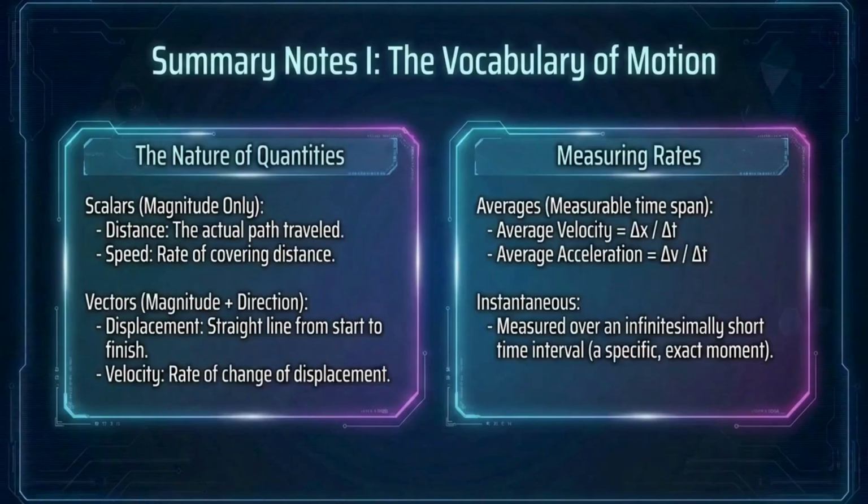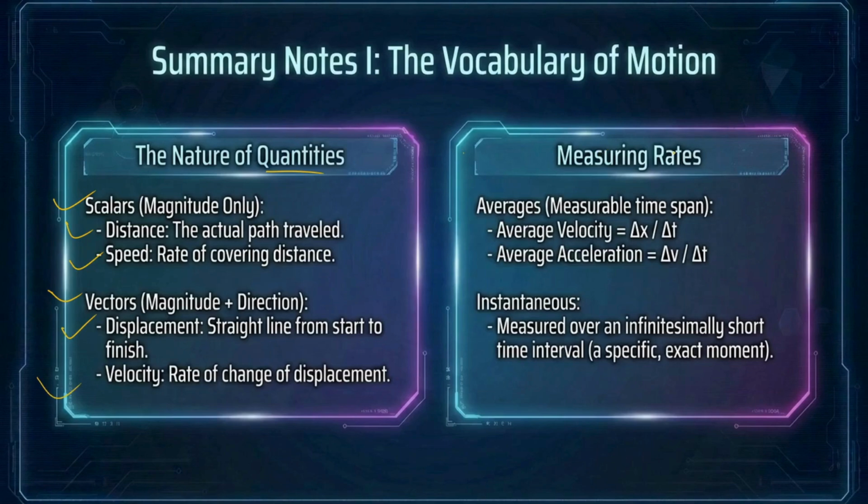Now let's take a step back and summarize the key vocabulary and concepts we have learned so far. Summary notes one: the nature of quantities. We already know scalar means magnitude only, with no concern about direction, and in that we have distance and speed. In vectors, we have to consider the direction as well, and in that we have displacement and velocity.